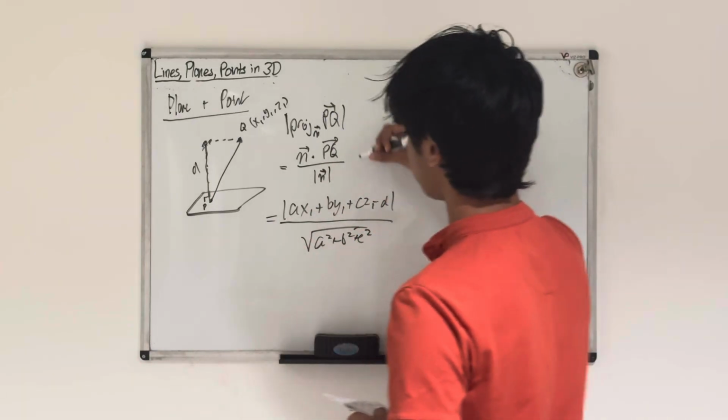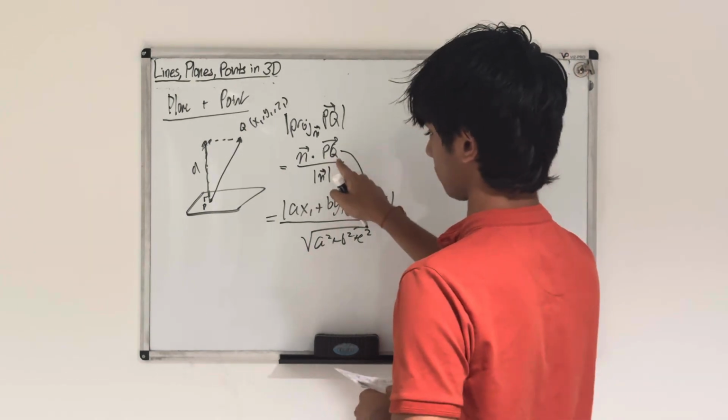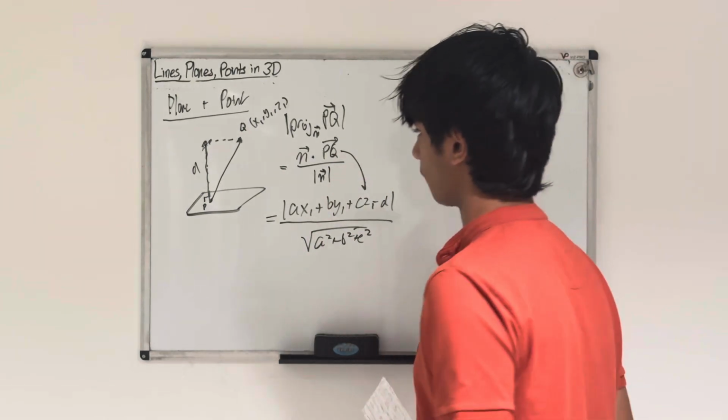And again, the way we derive this is just a cross product. If you do the cross product between this, you'll get this answer.